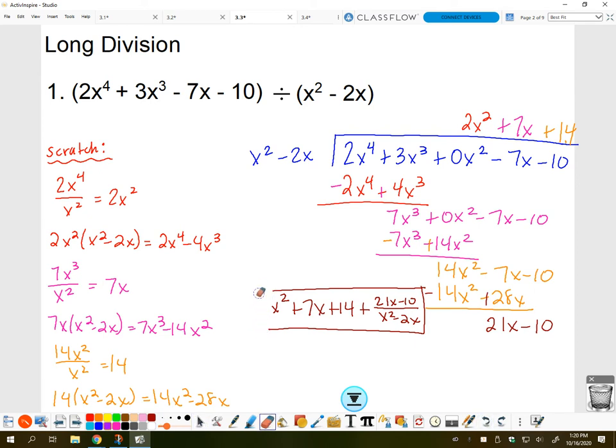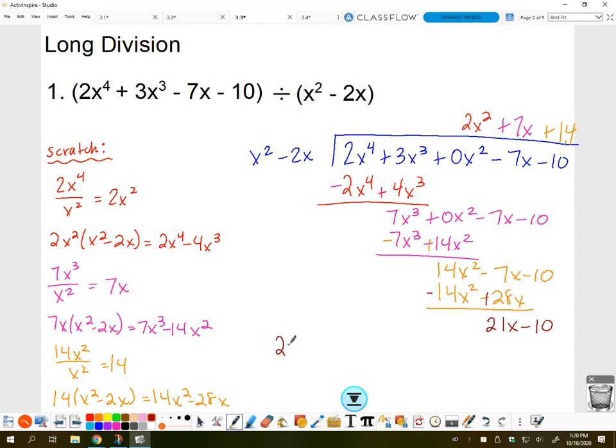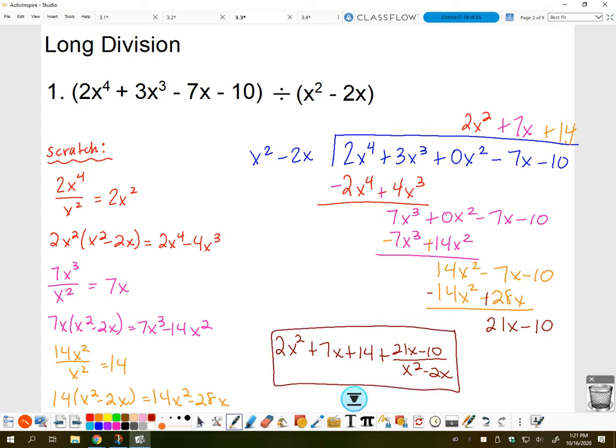Alright, I'm going to erase this and move it down. That way when I make a copy of this, it'll not all run together. Alright, so our final answer, 2x squared plus 7x plus 14 plus 21x minus 10 over x squared minus 2x. Okay.